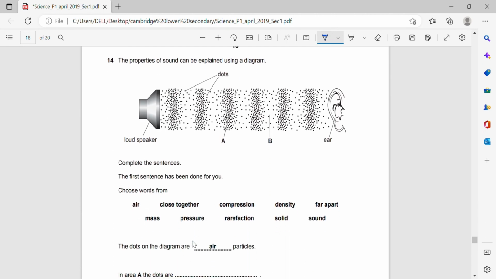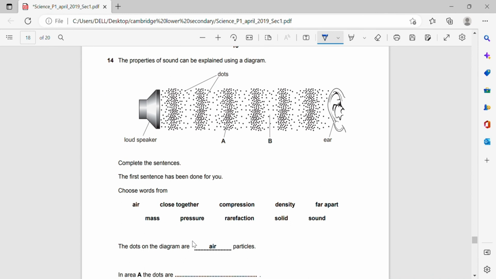Now the last question, question 14. When we look at the loudspeaker and see the dots in front of it, we remember two keywords: compression and rarefaction. Okay, sound waves. The properties of sound can be explained using a diagram.